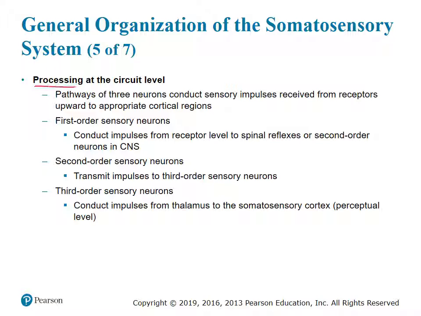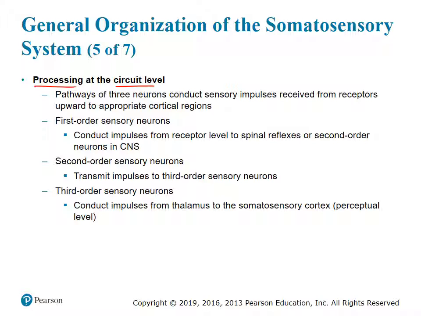Okay, so when we process at the circuit level, right? There are different types of neurons in the processing at the circuit level, depending on where you're at in this process. We then give a name for each one, right?